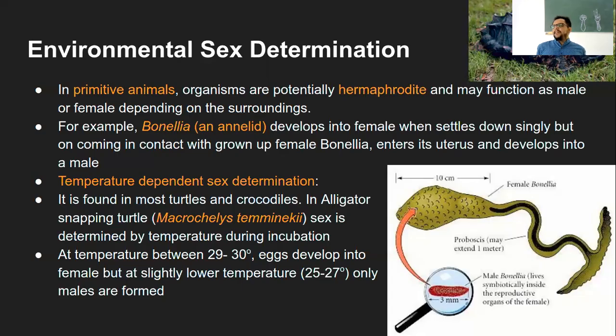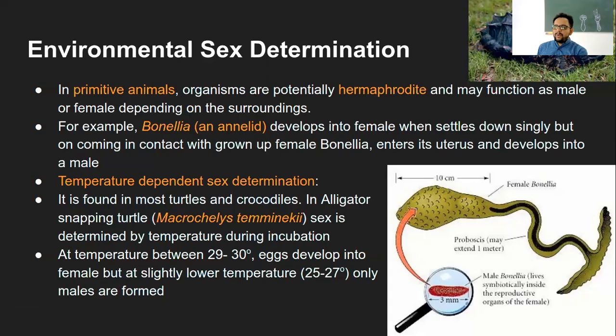These species do not have X and Y chromosomes. They have only one kind of chromosome set, and they develop into one kind of organism. They do not differentiate according to gender, like how we are, or how most animals are, because we have a separate chromosome which determines the gender.